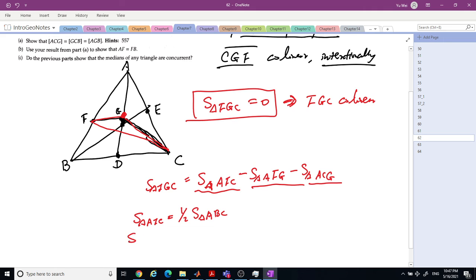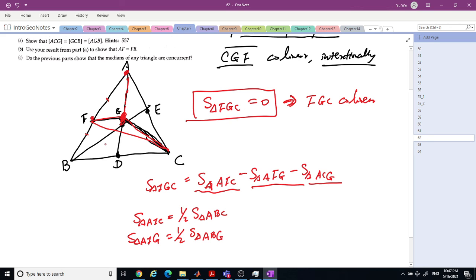Okay, the triangle AFG: because this is equal to this, it's half of the triangle ABG, right?